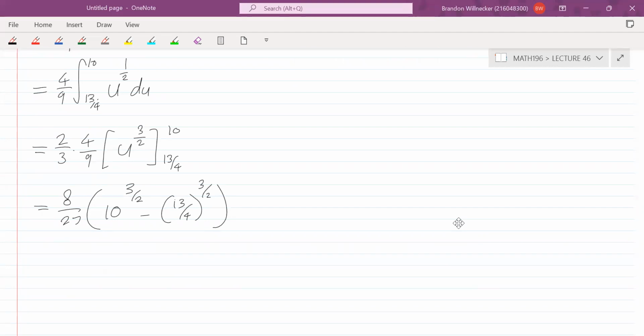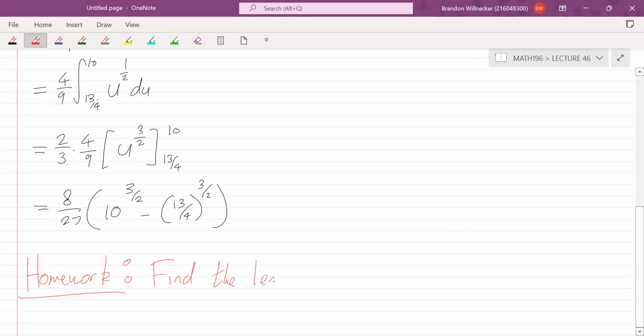Okay, let's put another homework problem. Okay, so find the length of the parabola, y squared equals x, from 0, 0 to 1, 1.